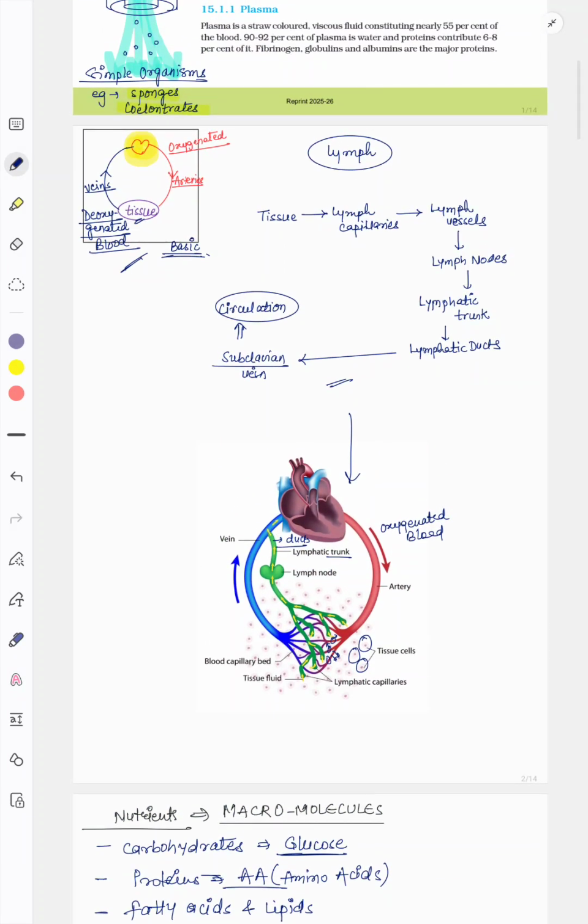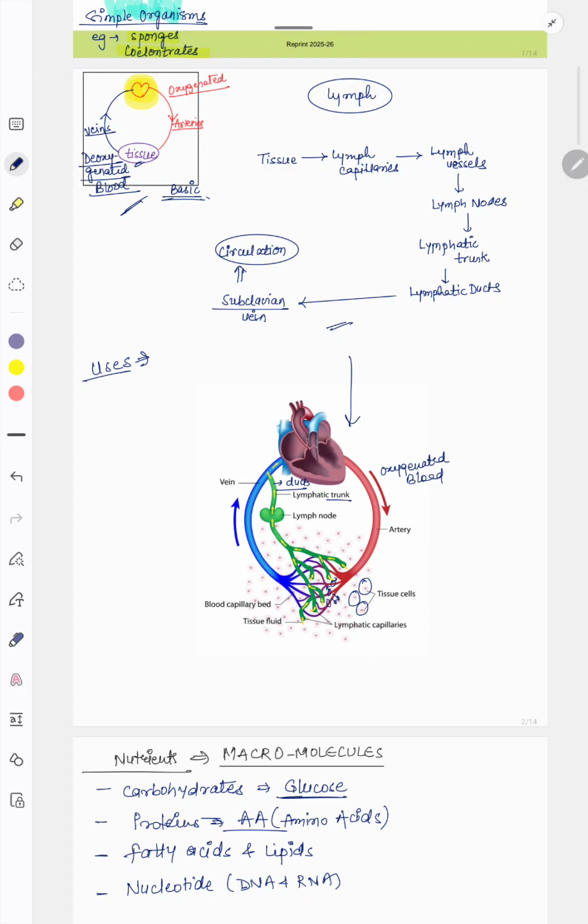Now we have seen this lymph part. So what are the uses of this lymph? Why do we need lymph, right? So basically, what is this lymph? This is an extra fluid from the tissues. This extra tissue fluid goes back to blood and maintains the volume of the blood.